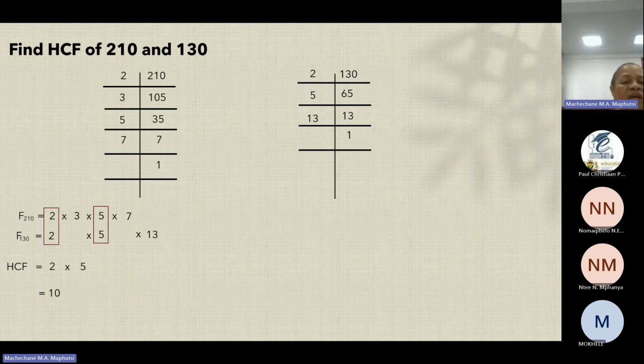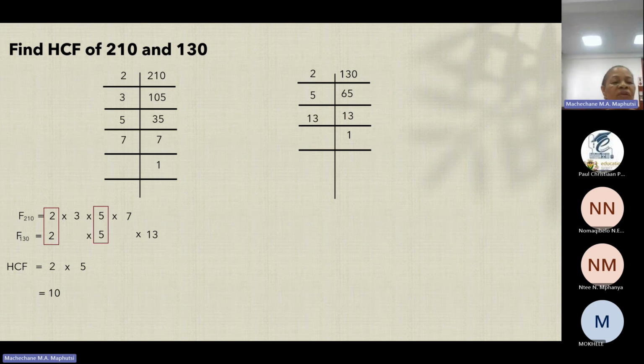So our highest common factor is going to be 2, because it is common to both lists, times 5, because 5 is common to both lists. Meaning that when you look for the highest common factor, you take the common numbers only. In this case, it is 2 and 5. So now we multiply the 2.